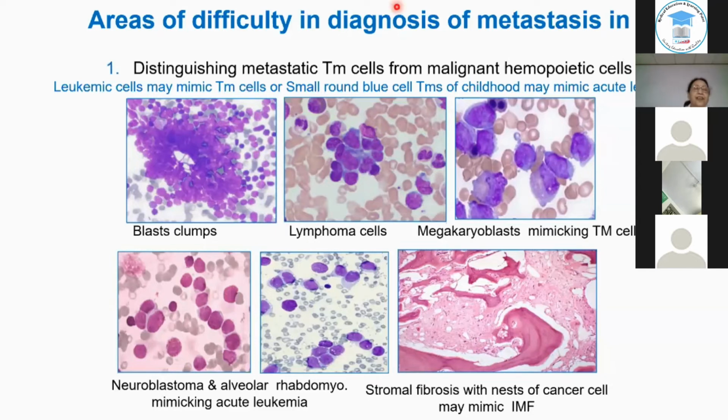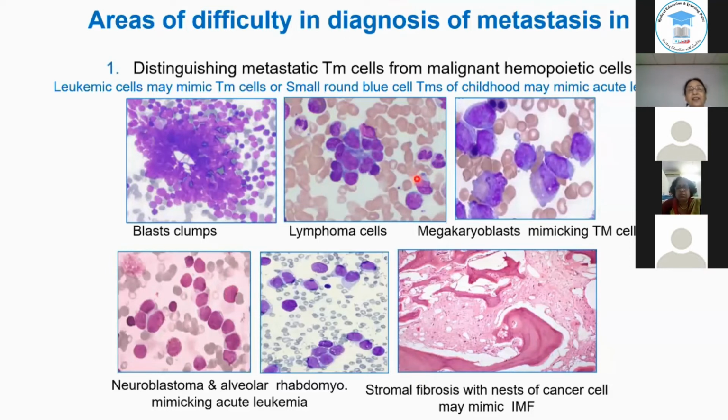So here you can see the first, where is the pointer? Here you can see the tumor cells, blast clumps, which are resembling the tumor cells.